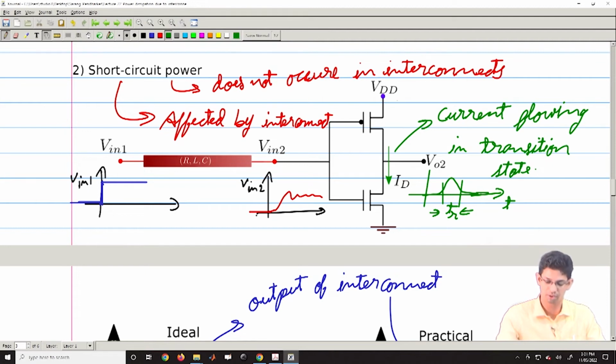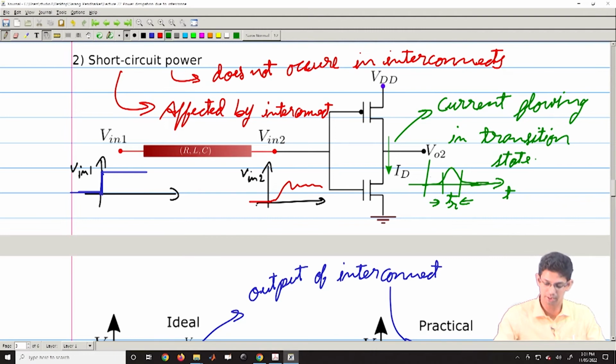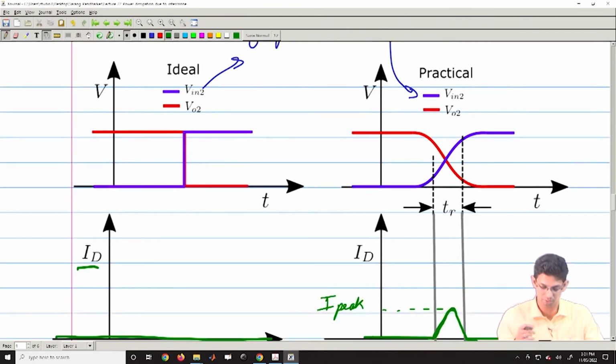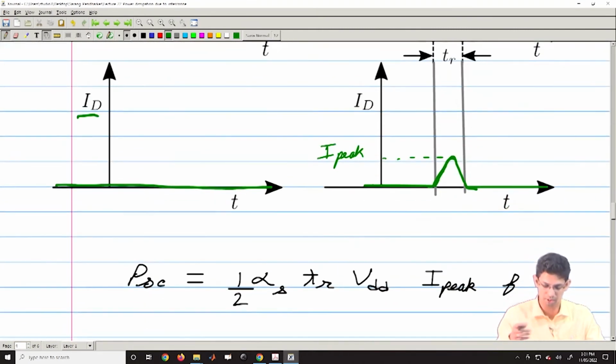So, if I look at power dissipation because of this, it will be IDD into VDD into ID instantaneous. Then I will integrate it over this transition time. So, that will give me the energy dissipated in one transition.